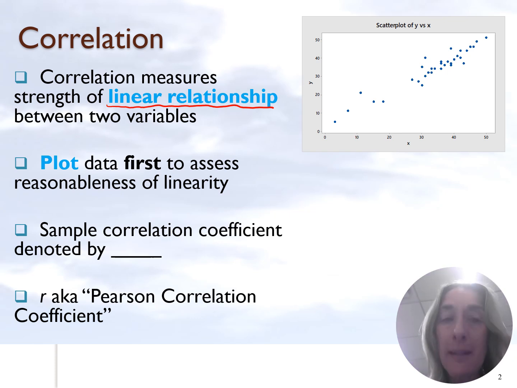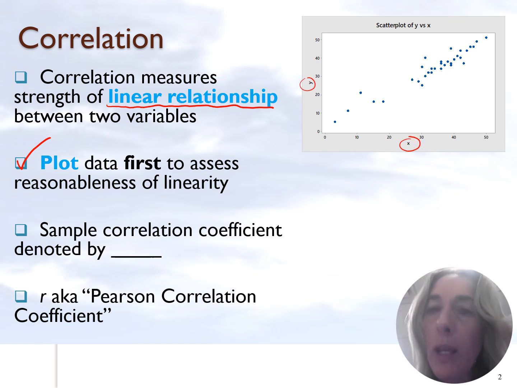Having said this, one should always plot their data first to assess the reasonableness of a linear relationship between the two variables. Taking a look at the scatter plot on the right, it's an XY scatter plot, and as you can see, I would say that a linear relationship between X and Y in this case is definitely reasonable.